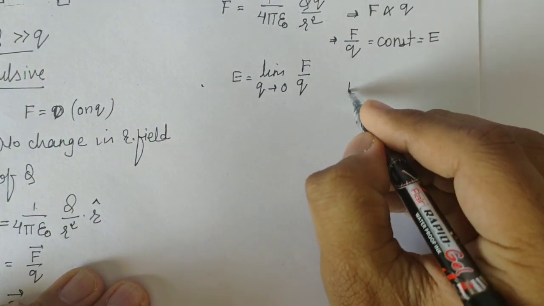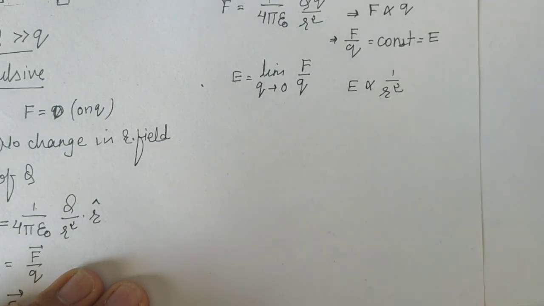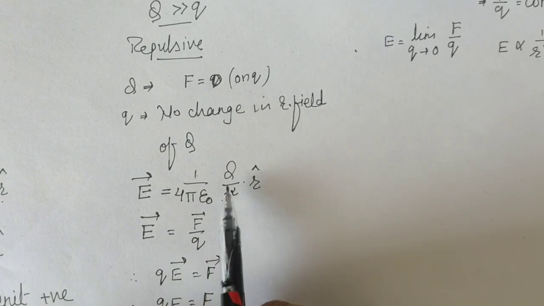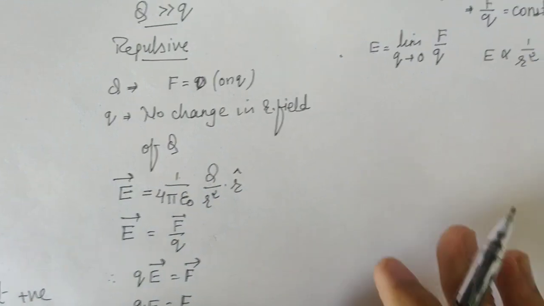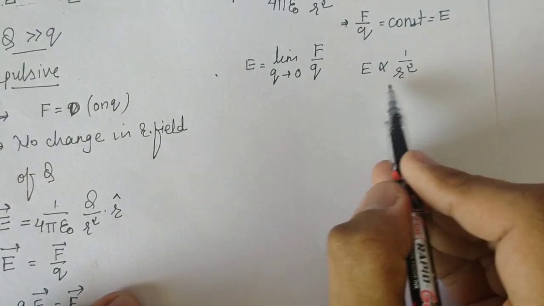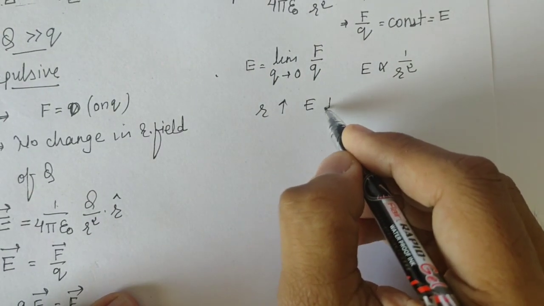Electric field E is proportional to 1/r square. How? Capital Q is constant, 1/4 pi epsilon is constant, so E is proportional to 1/r square. As r increases, E decreases.